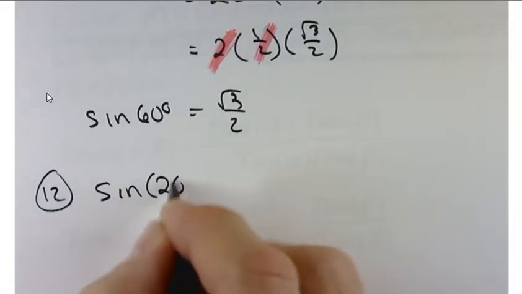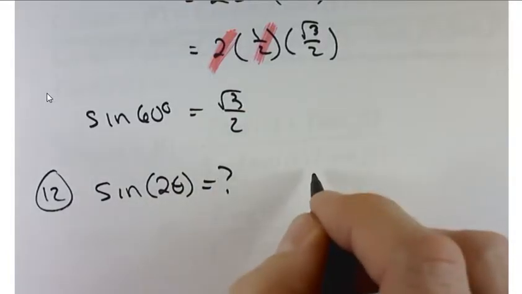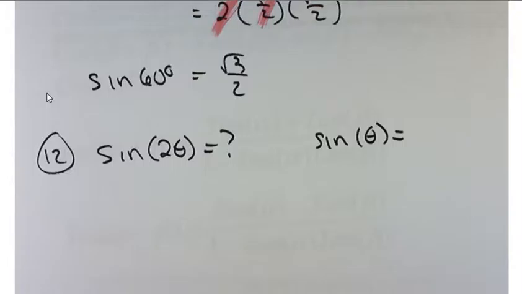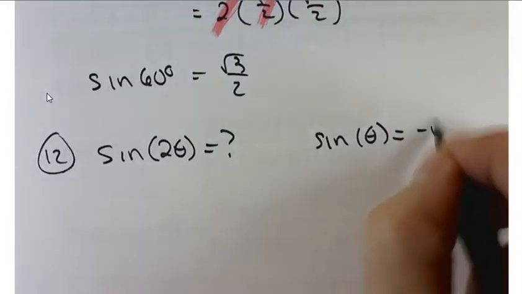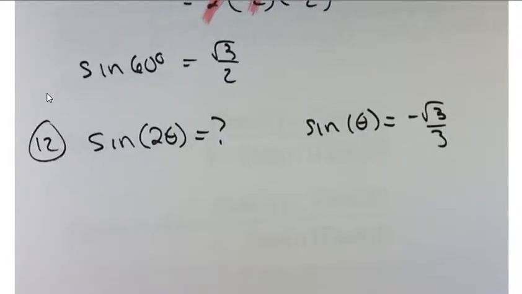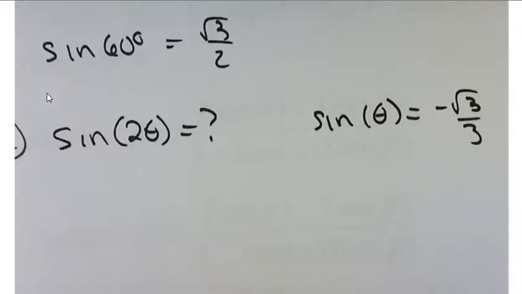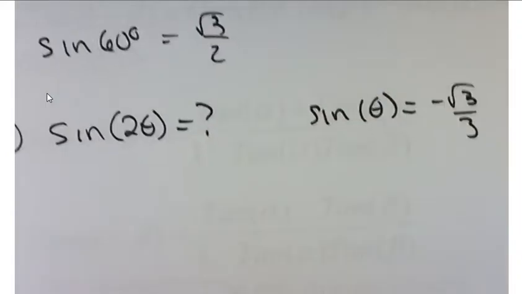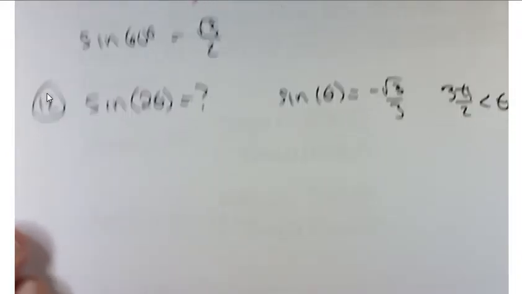Now they give us that the sine of theta is negative root 3 over 3. They also tell us that theta is in the 4th quadrant, that 3 pi over 2 is less than theta is less than 2 pi. So basically it's in the 4th quadrant.